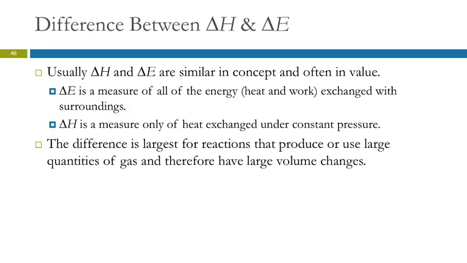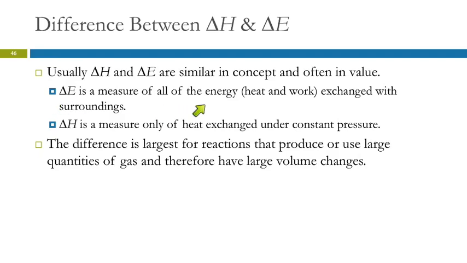So delta E and delta H can be very confusing because they are so similar and yet they are different, but the difference is very subtle. And at this level, general chemistry, we can mostly ignore the differences between them. But let's just go over it so that at least we've heard of it. So delta E is the change in internal energy.